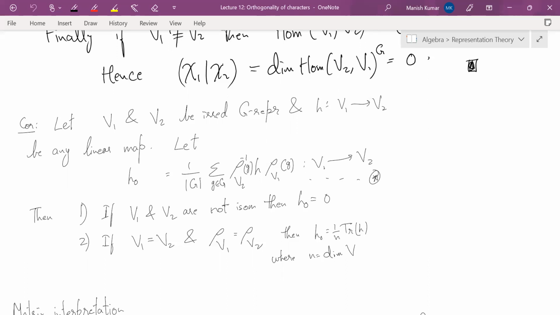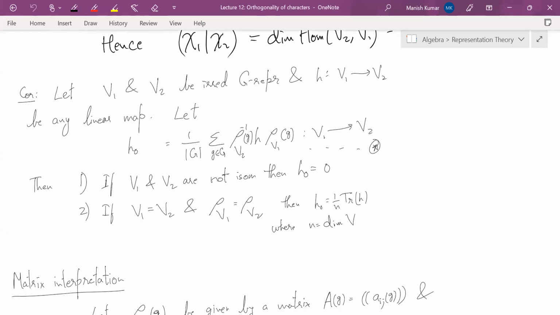And this is irrespective of which H you choose. You started with some arbitrary linear map H. If V1 and V2 are not isomorphic, no matter which H you choose, this method will always lead to H0 being 0, or otherwise 1 over n times the trace of H. There are matrix interpretations of these two statements, and that is what Serre uses to prove this orthogonality.